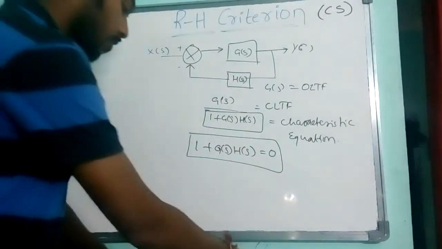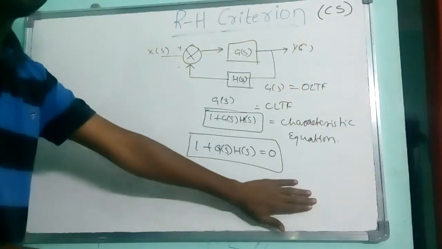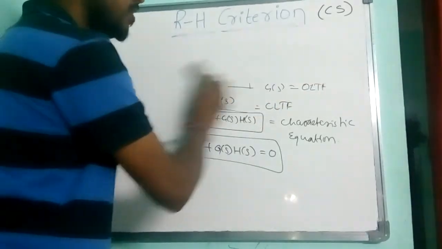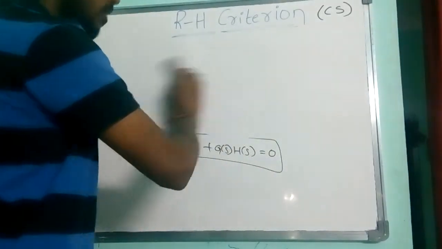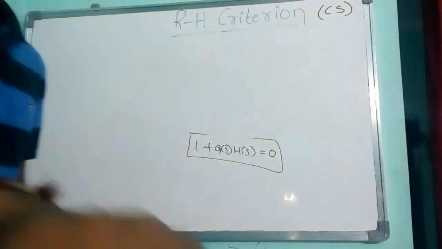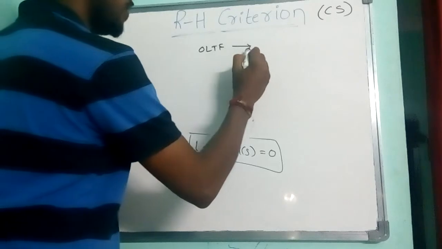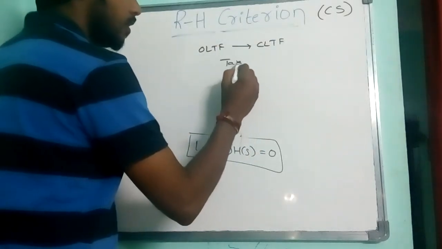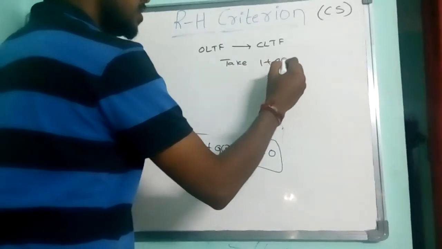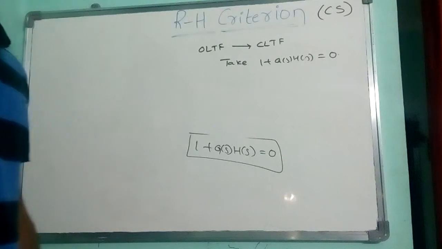Now, for applying the Routh criterion on this system, if they have given you the open loop transfer function, it should be converted to the closed loop transfer function. Take 1 plus G(s) H(s) from the denominator equal to 0.